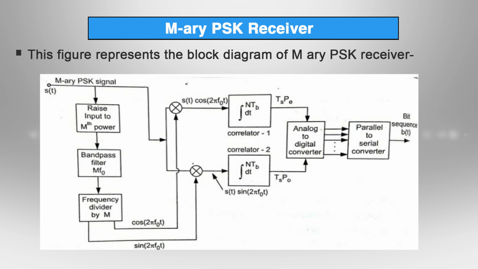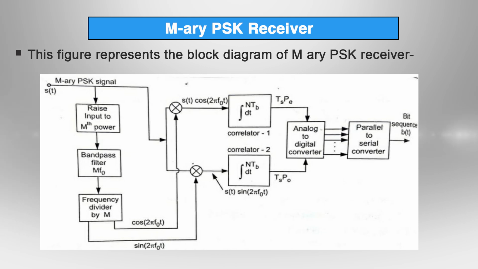First, the M-array PSK signal is received, then the carrier recovery system will raise the signal to the mth power. As the number of symbols is equal to m, it will raise the signal power by m. For example, in BPSK, the signal power is raised by a factor of 2.